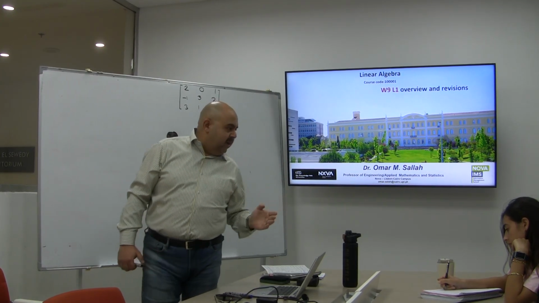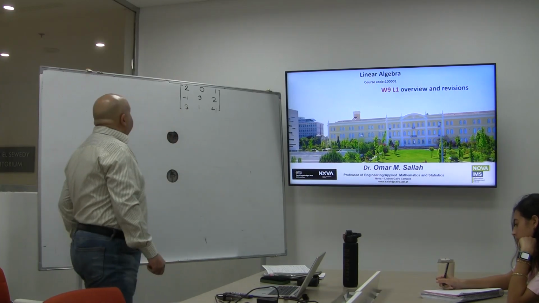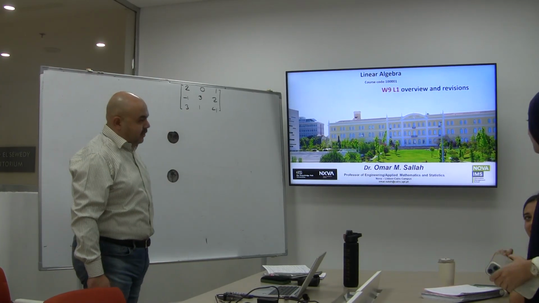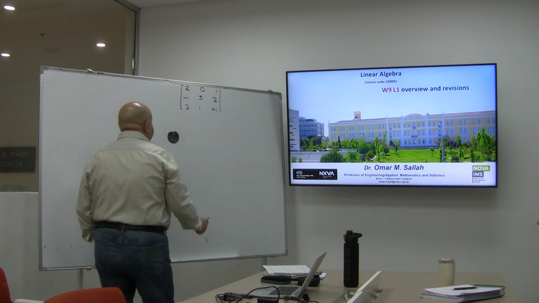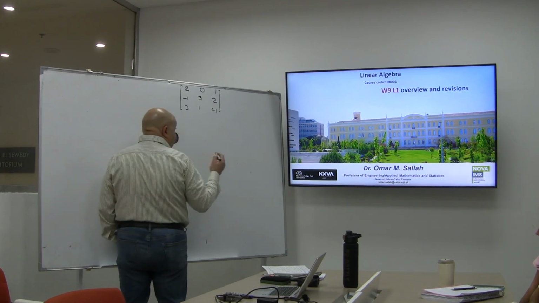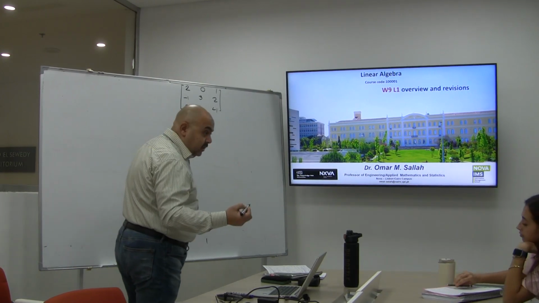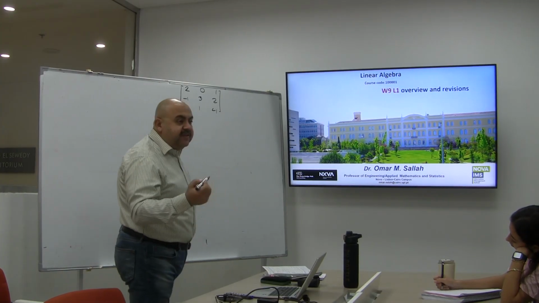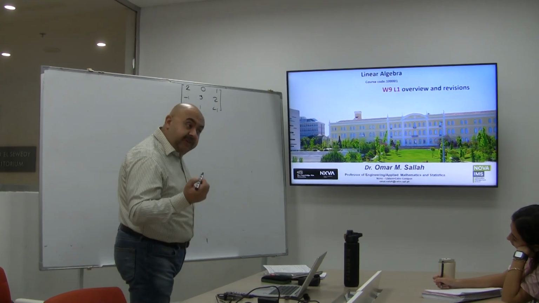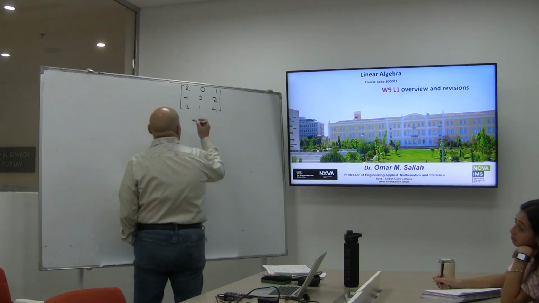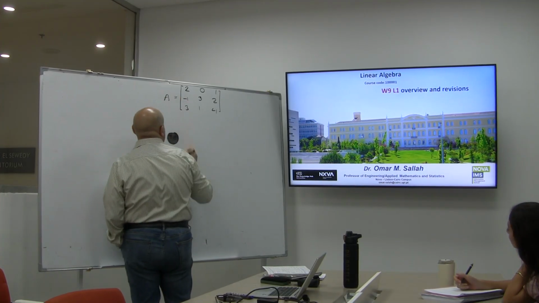You can't solve by Gauss elimination. I will try to solve this problem for you by the two methods. If I want to find the inverse by the cofactor or the adjoint matrix, it will depend on the determinants. So the first step is to evaluate the value of the determinant of A.